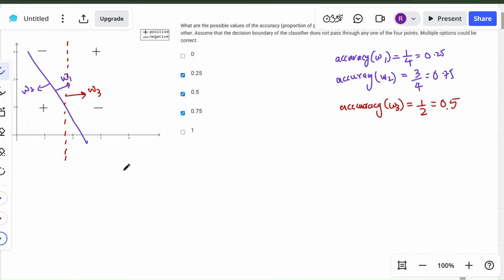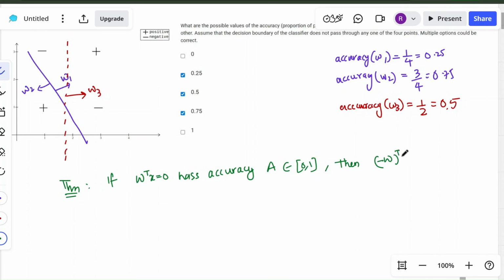One more thing I want you to notice carefully, so let me write it as a theorem. If W transpose X equal to 0 has accuracy, let's say A, in 0 comma 1, then minus W transpose X equal to 0 has accuracy 1 minus A, which is also in 0 comma 1.